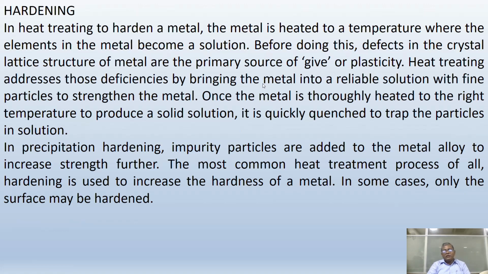In precipitation hardening, impurity particles are added to the metal alloy to increase its strength further. The most common heat treatment process, hardening, is used to increase the hardness of the metal. In some cases, only the surface may be hardened.